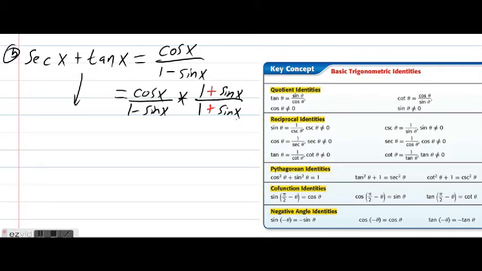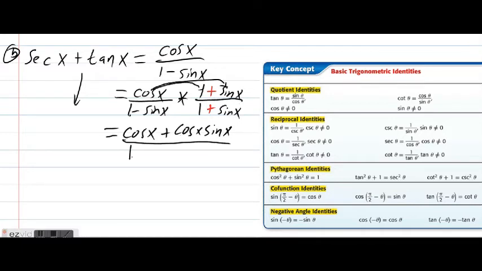Alright, now, what happens when we distribute? Cosine times 1, still cosine of x. Cosine times sine of x gives us cosine of x sine of x, over double distributive property in the denominator, 1 times 1, 1. 1 times sine of x gives me positive sine of x.